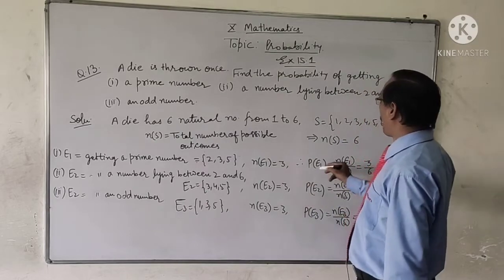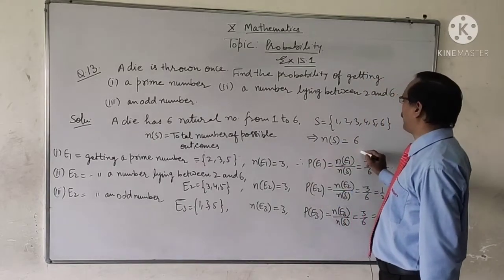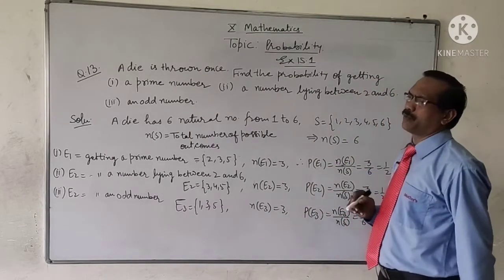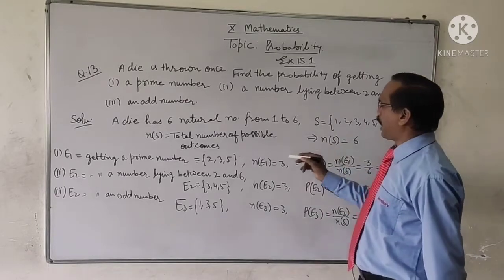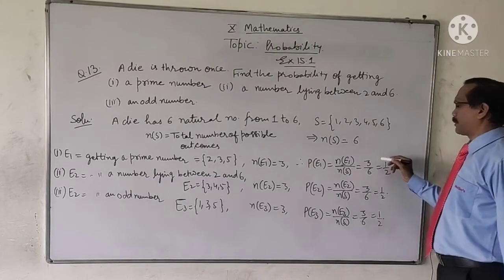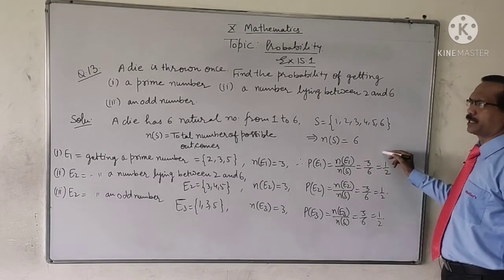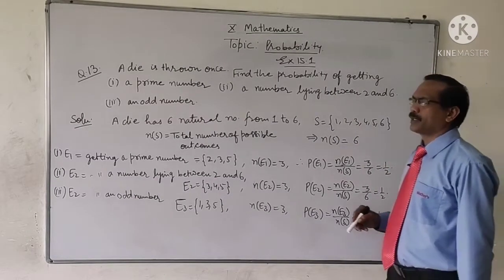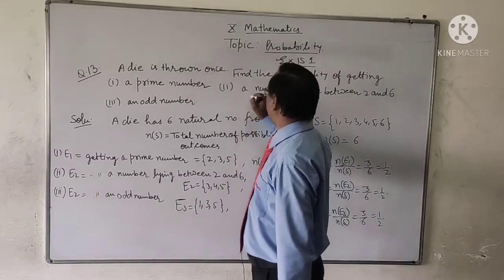Therefore, probability is number of favorable outcomes upon total number of outcomes. Favorable outcomes are 3, total outcomes are 6, so probability is 3 by 6, or 1 by 2.